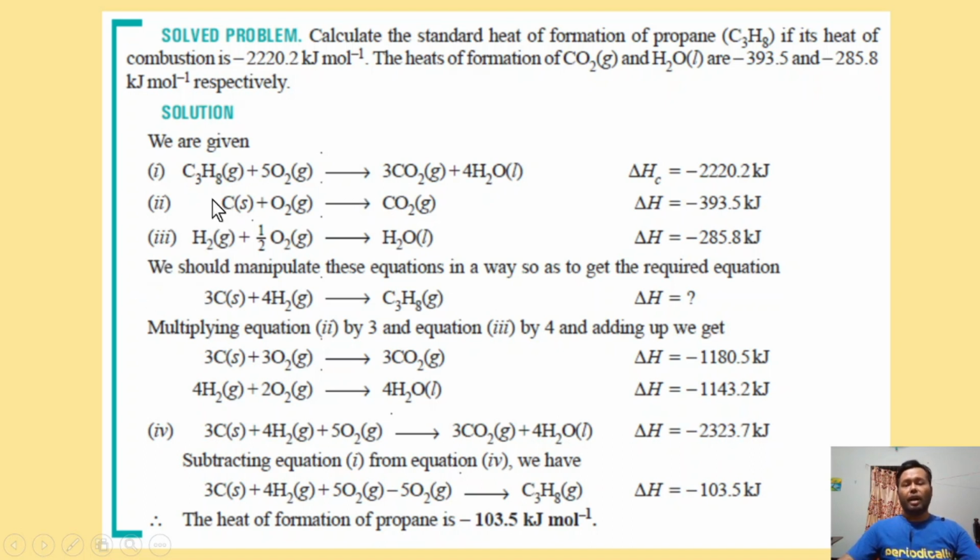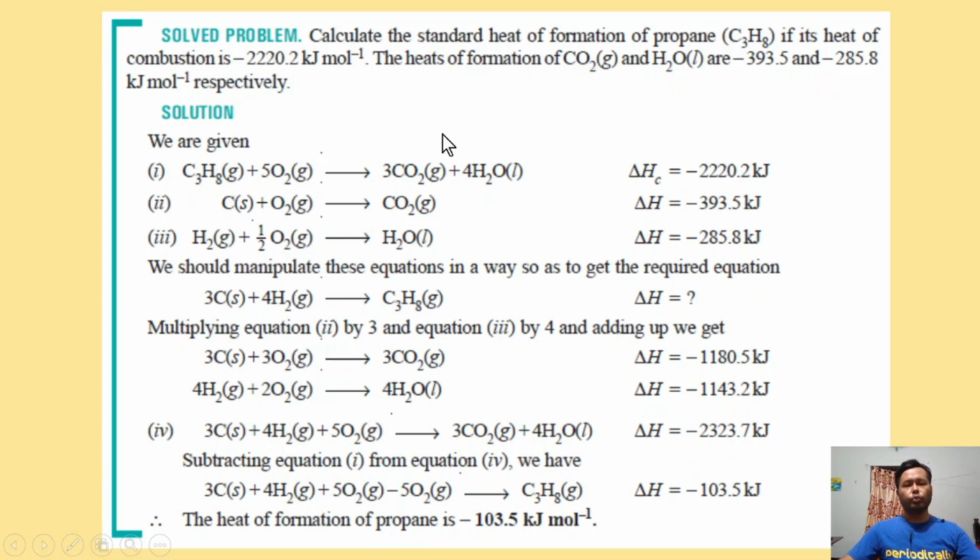So now how can we find out the heat of formation of propane? We need to find a way to write the equation like this: 3 carbon plus 4 hydrogen molecules, or 4 moles of hydrogen, to produce C3H8, because in propane we need 8 hydrogen atoms and 3 carbon atoms. Therefore we can write this equation.